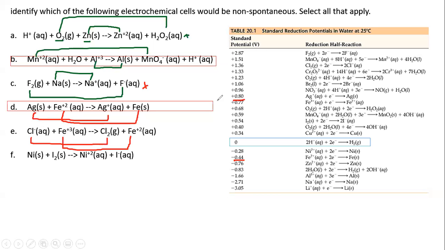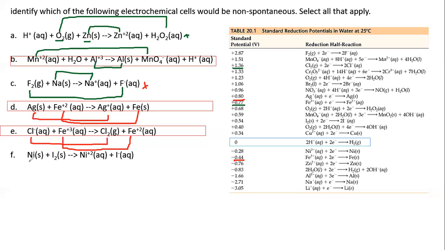And so Fe3 plus to Fe2 plus is located right here. It's 0.77. Cl2 to Cl minus is 1.36. So again, since the reduction potential of Cl2 is greater than the reduction potential of Fe3 plus, this would be a non-spontaneous reaction, which means it prefers to go in the reverse direction. So Cl2 wants to be reduced, iron 2 plus wants to be oxidized.